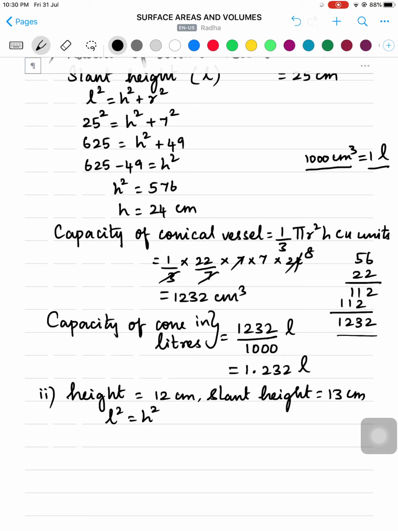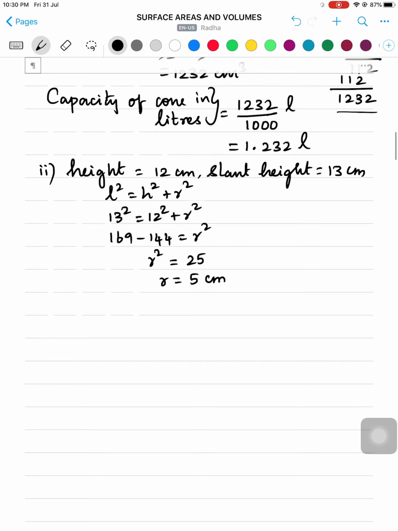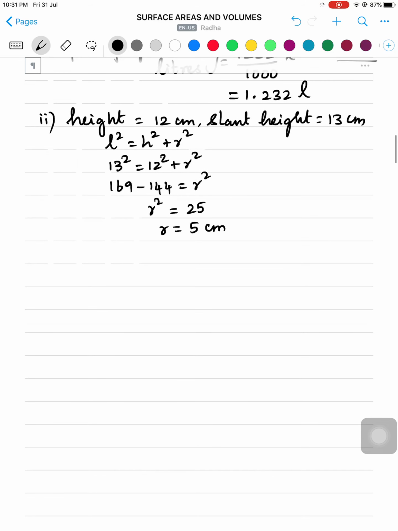Here again we should use the formula L squared is equal to h squared plus r squared. So 13 squared is equal to 12 squared plus r squared. So 169, 12 squared is 144, comes this side, minus 144 is equal to r squared. So r squared is equal to 25. From that r is equal to 5 centimeter. And here again we have to find the capacity in liters. So what is the capacity of the cone?